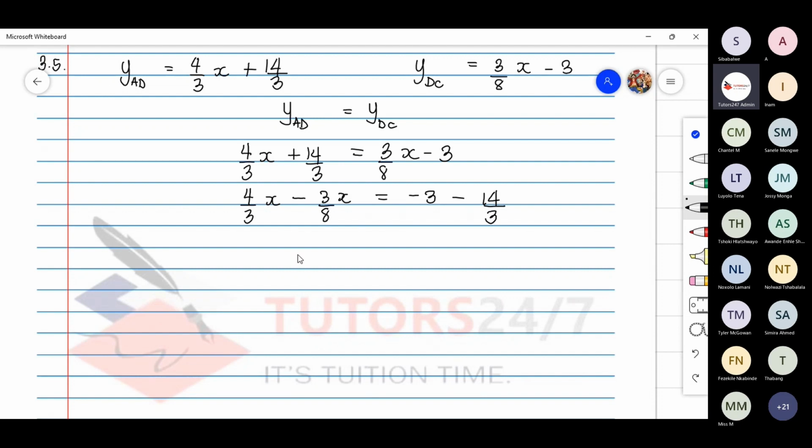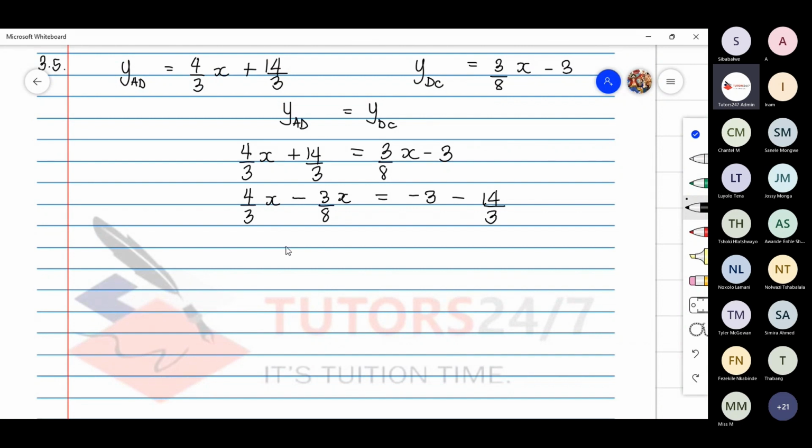Now on your calculator, always remember when you are adding up the coefficients of like terms, all you need to do is add up the coefficients on your calculator because you can't put x onto your calculator. So you'll just put 4 over 3 minus 3 over 8. Sorry, it's not 14 over 3, it's 4 over 3.